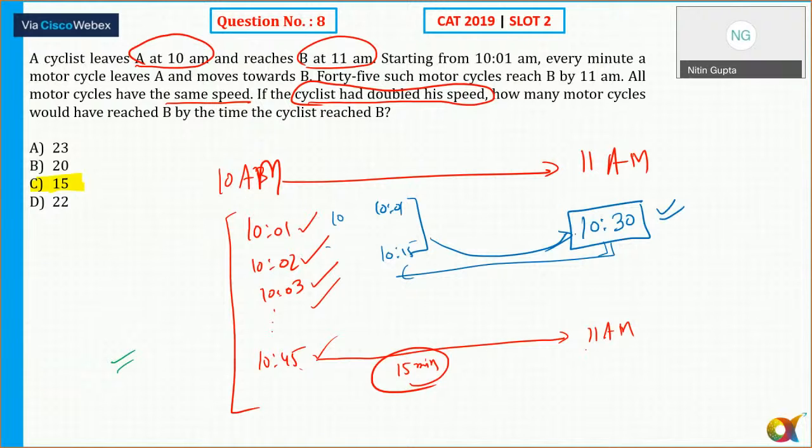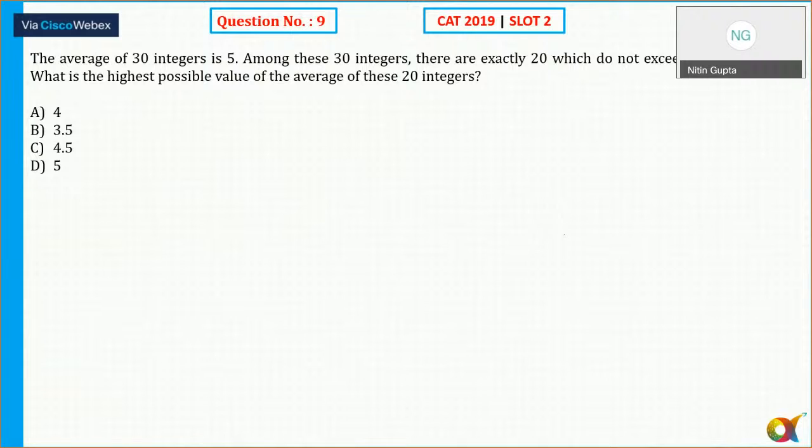Okay, let's move to question number 9. It says the average of 30 integers is 5. So what is the total sum?